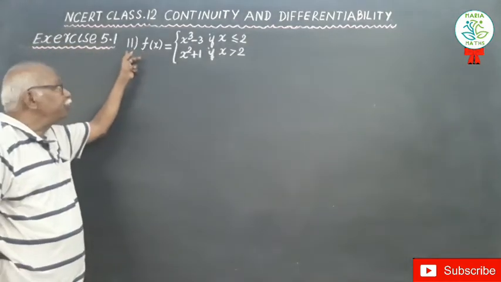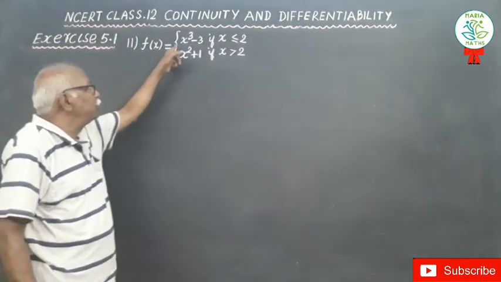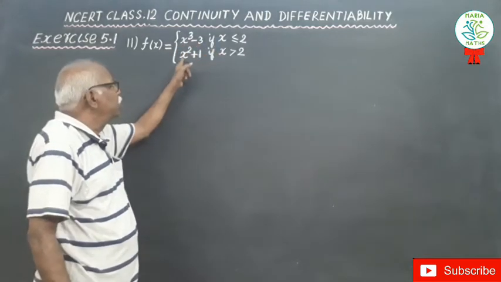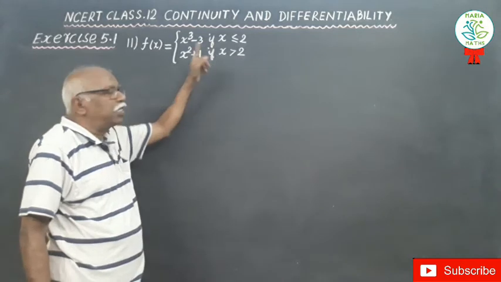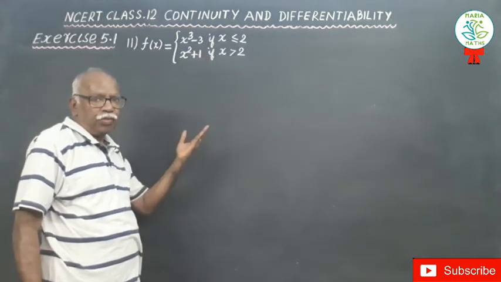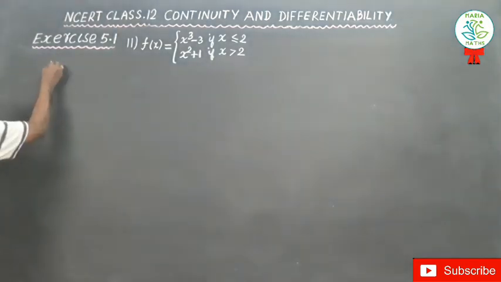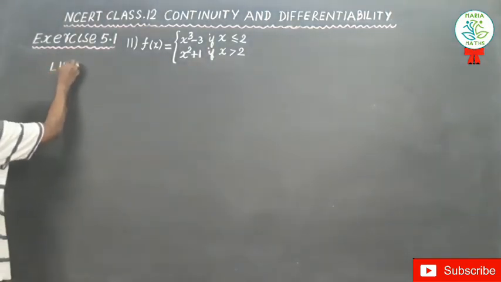Question number 11. f of x is equal to x cube minus 3 if x less than or equal to 2, x square plus 1 if x greater than 2. At x is equal to 2. Left hand limit, LHL.